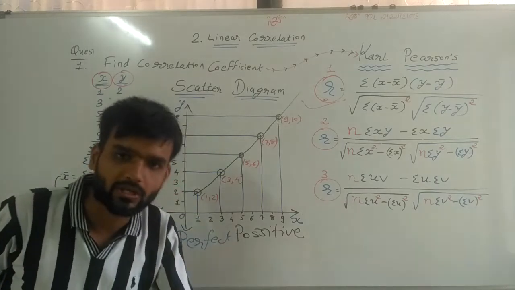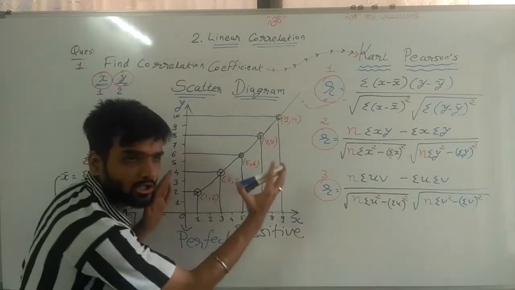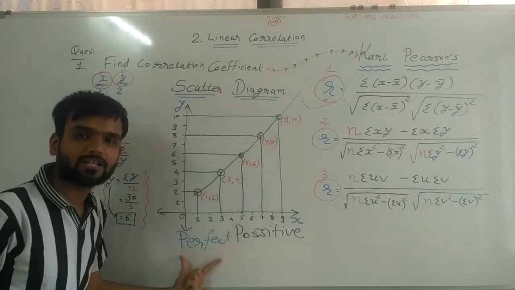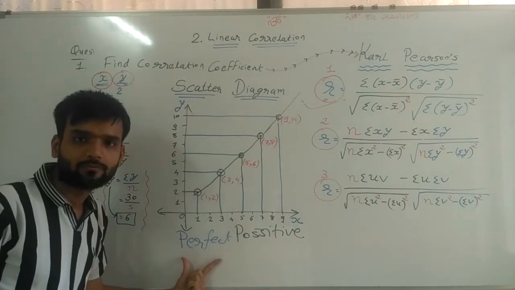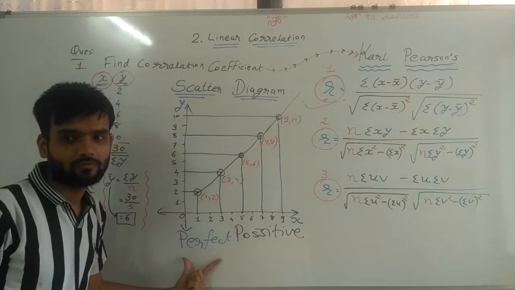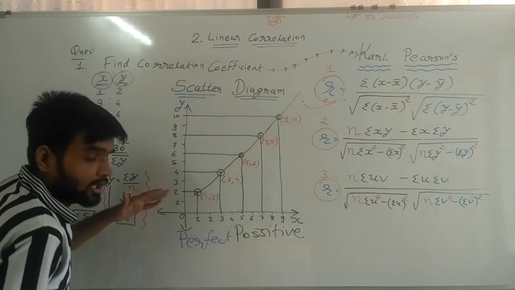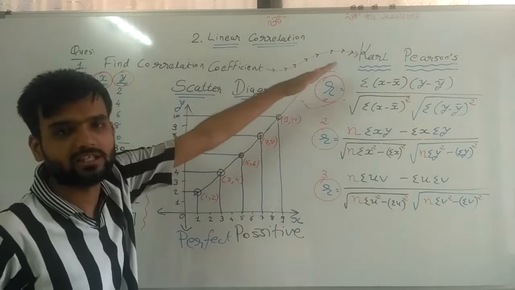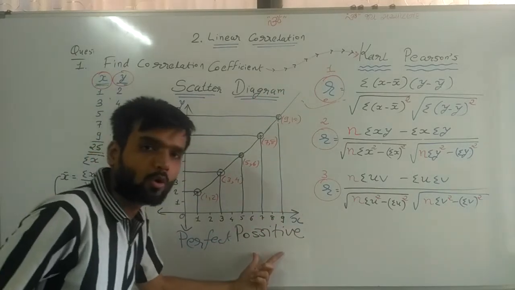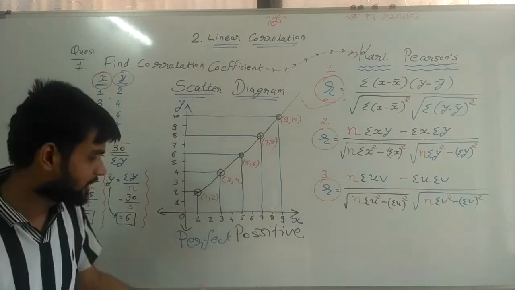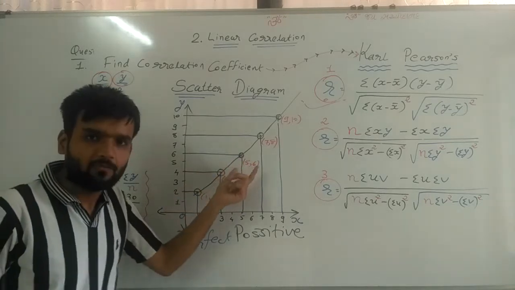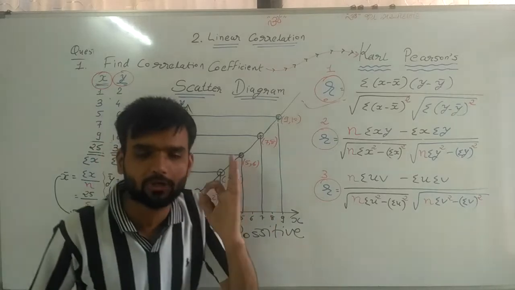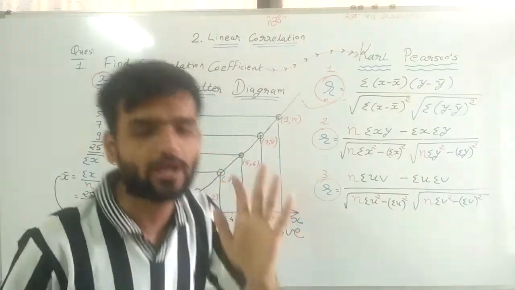So again I repeat, if all the points are on one line, then it shows a perfect relation. And if the slope of the line is increasing from left to right, then positive relation. So here by the diagram we can say it shows perfect positive correlation between the two variables x and y.